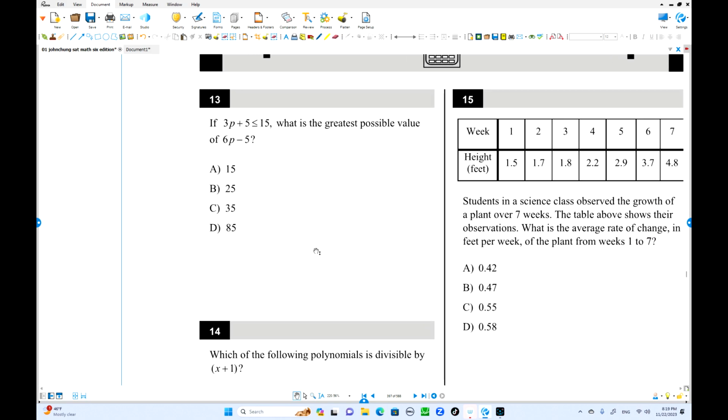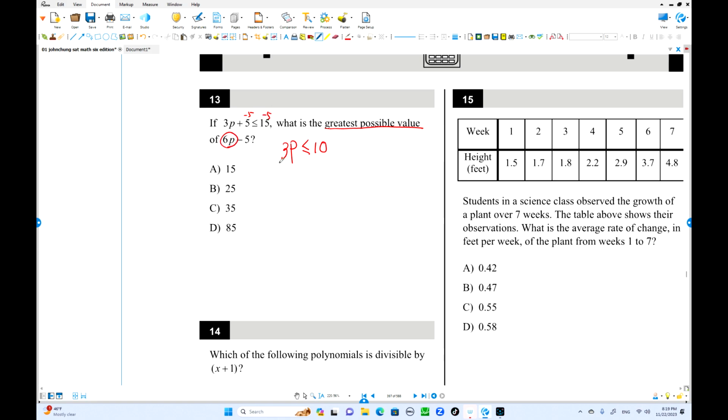Okay, number 13. 3p plus 5 is less than or equal to 15. What is the greatest possible value of this? Greatest possible maximum value, okay? So we know that 3p plus 5, I'm going to do minus 5 on both sides. 3p is less than or equal to 10.